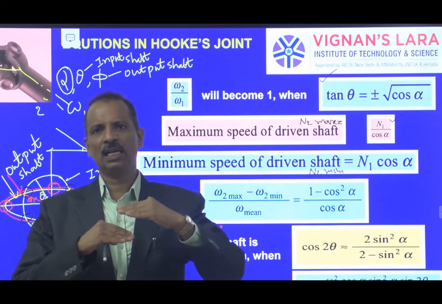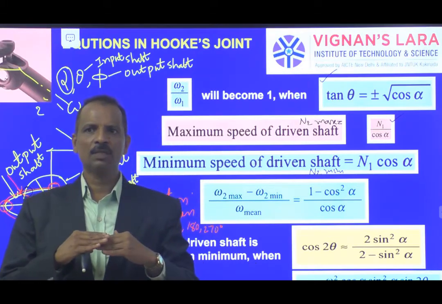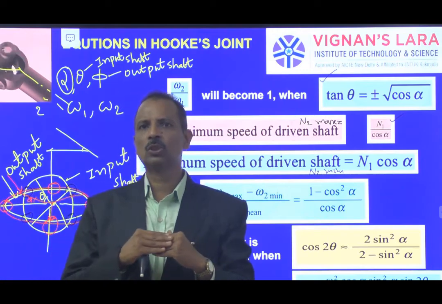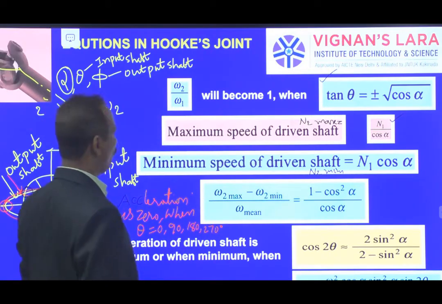Whereas for axial misalignment we use Oldham coupling, for angular misalignment we use this hook joint or universal coupling, isn't it? So that is alpha.